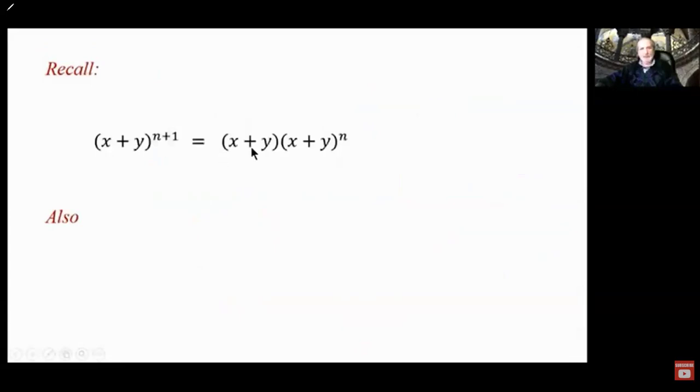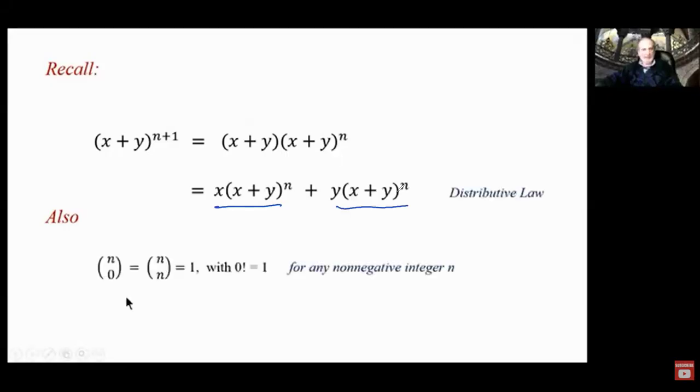This one is important. This one is okay. n choose zero, we agree that this one is one, and n choose n, we say that's one.